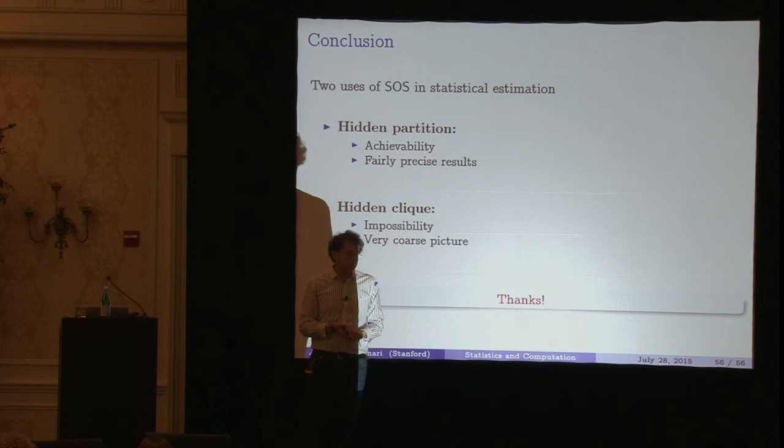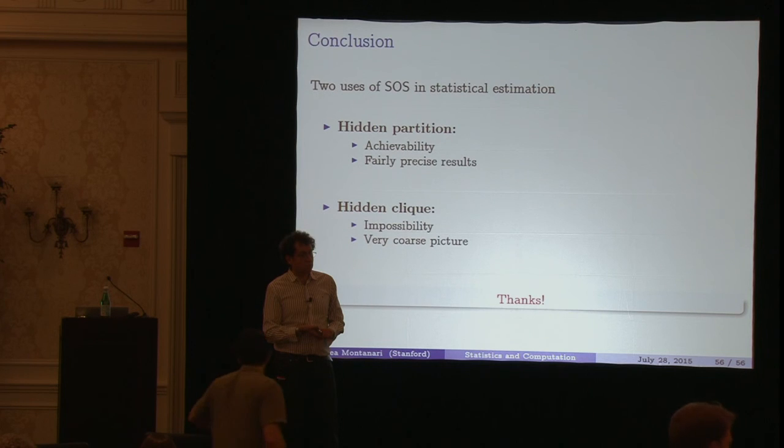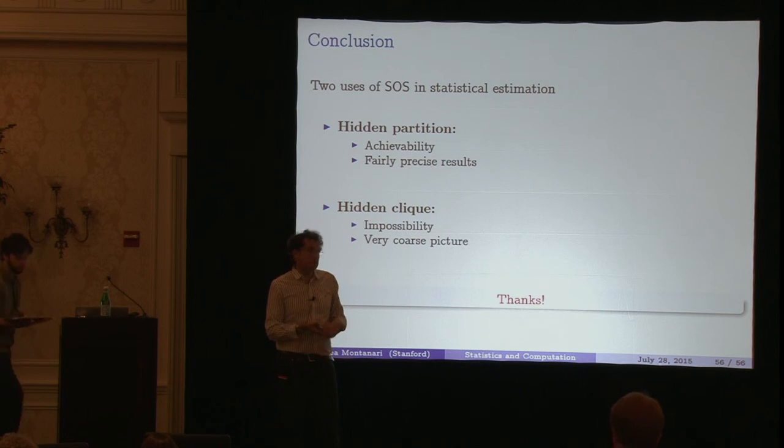In the theorem on the hidden partition, which was a success theorem, where the SOS algorithm succeeds, I suppose the solution of the semi-definite program, capital X, is rank 1? Interestingly, it is not.